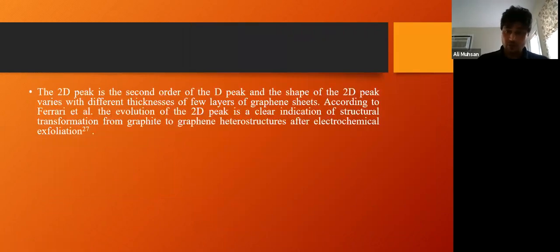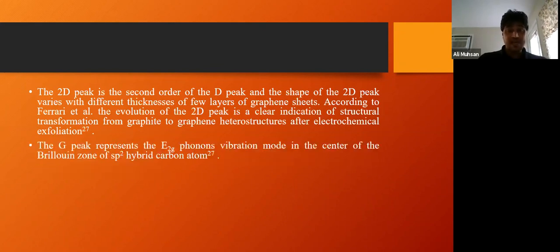The 2D peak is the second order of the D peak, and its shape reflects the different thickness of few-layer graphene sheets, according to Ferrari et al. The evolution of the 2D peak is a clear indication of the structural transformation from graphite to graphene heterostructures by electrochemical exfoliation. The G peak represents the E2g phonon vibration mode at the center of the Brillouin zone of carbon atoms.